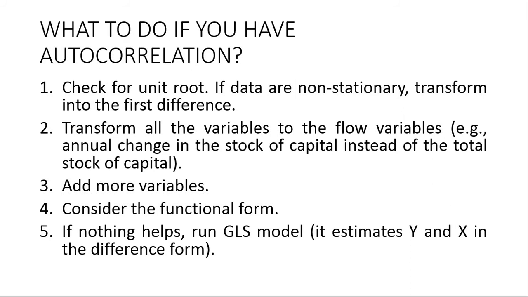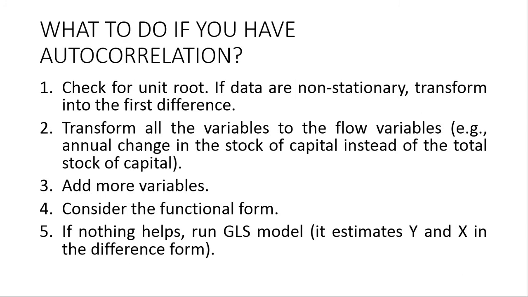If you specify a flow variable as the dependent variable, for instance inflation or GDP growth or anything like this, you have to make sure that independent variables are also flow variables. You might reconsider the choice of variables.